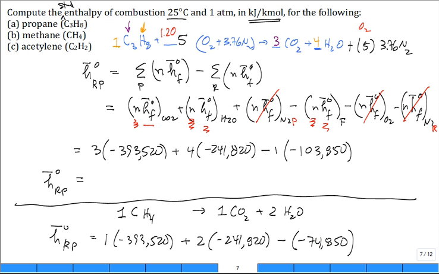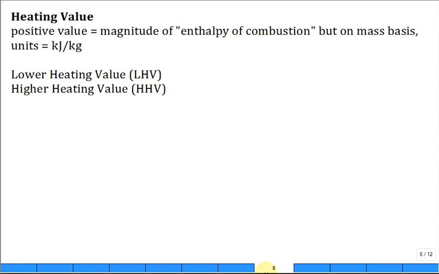And then you would do it also for the acetylene. Got to get the coefficients from the CO2 and the H2O, and then find the enthalpy of formation of each of those entities. I'll come back to that problem in a minute.